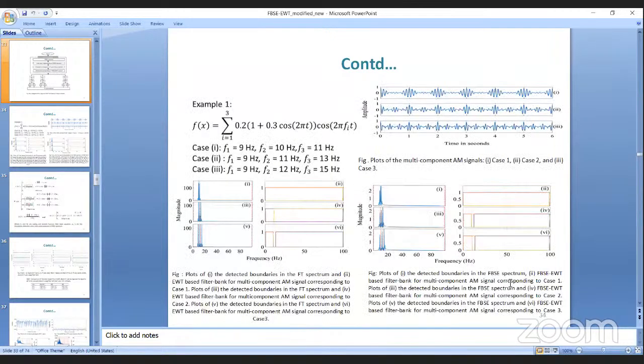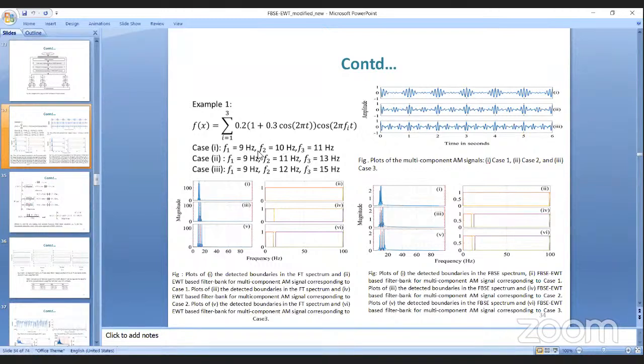So this is one example based on a synthetic signal. Here you can see the first example. The signal is a sum of three AM signals, amplitude modulated signals. We have considered various cases, case 1, case 2, case 3, where the frequency separation is increased.